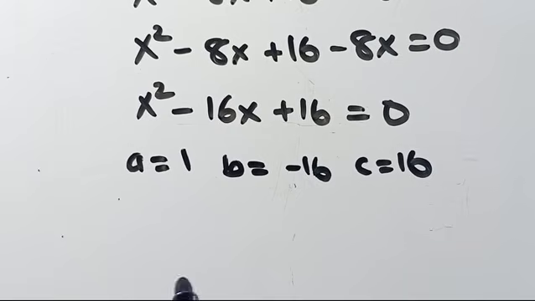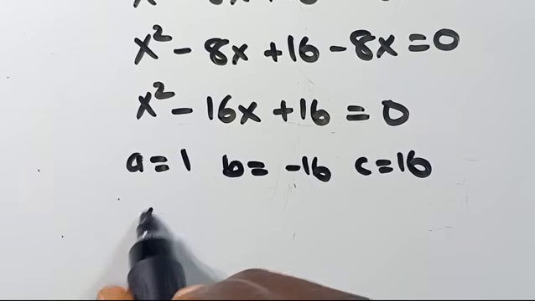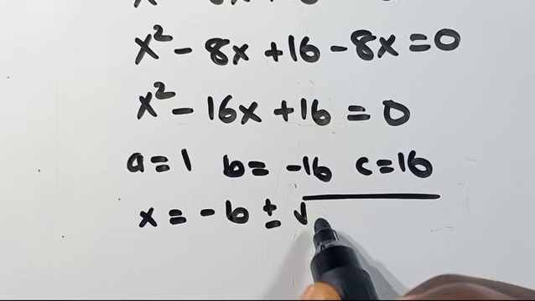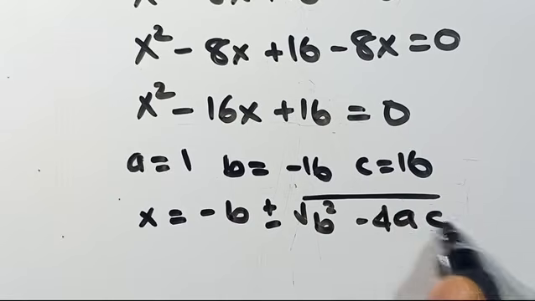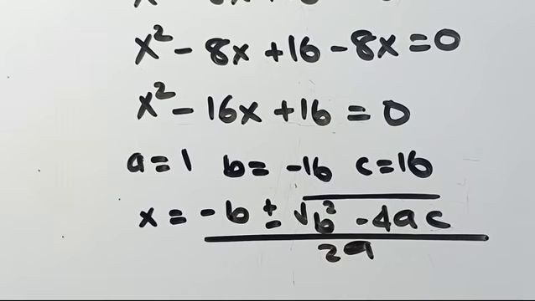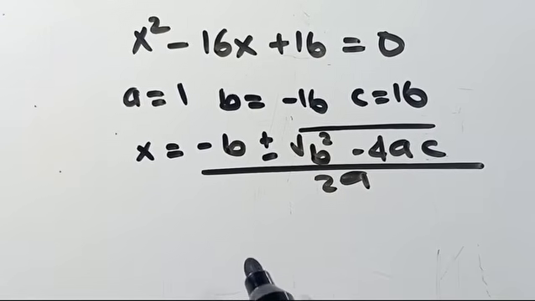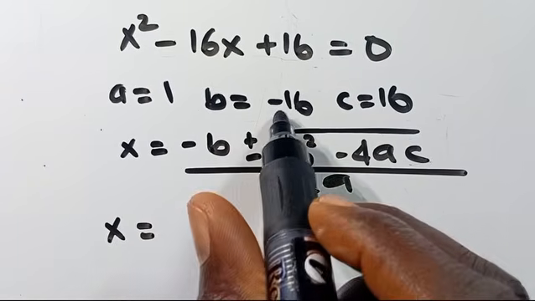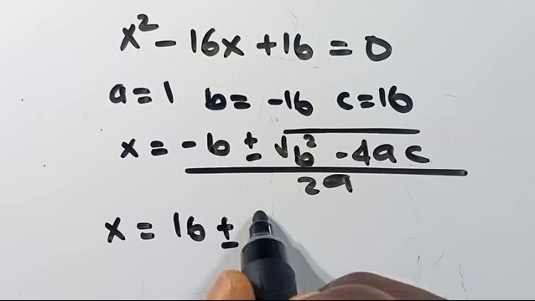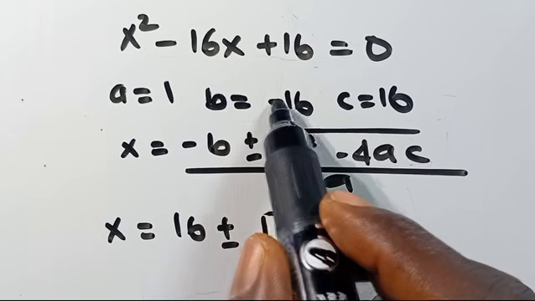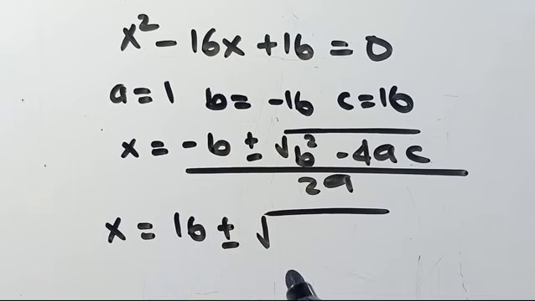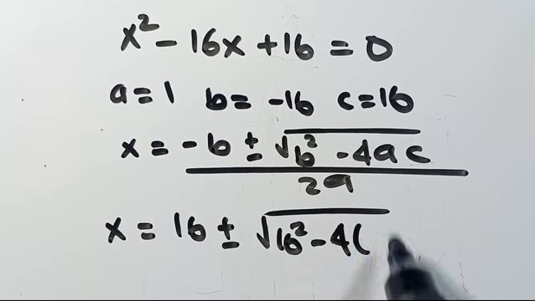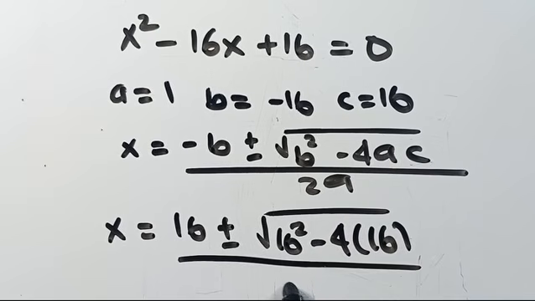So from here we have x equals minus b positive or negative square root of b squared minus 4ac over 2a. So we have x. Here is already minus times minus will be plus 16. Then this negative will be affected by this squared. We have it to be 16 squared, minus 4 times a, 1, times c, 16, over 2.